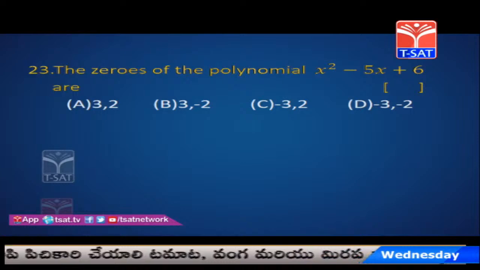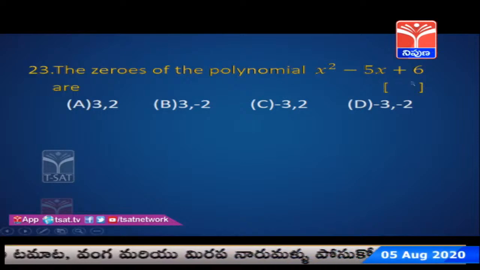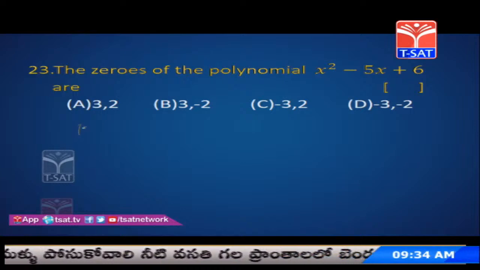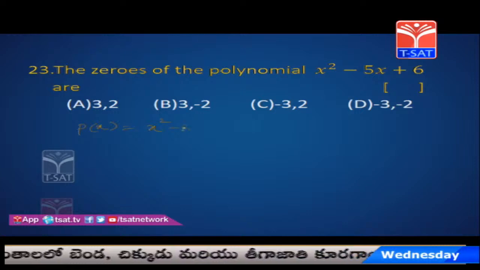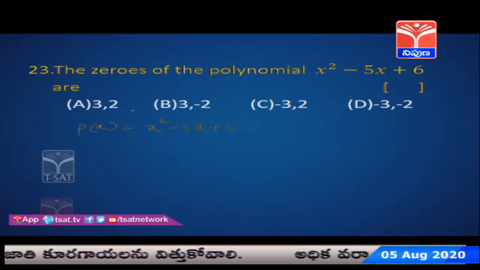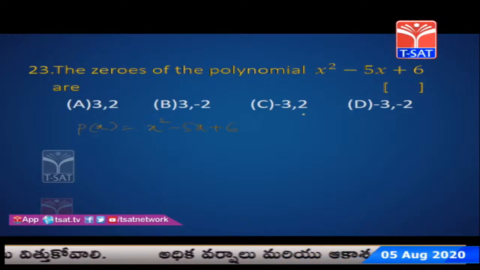Next, the zeros of the polynomial x square minus 5x plus 6 are. So P of x you take x square minus 5x plus 6. You can go from options to question or question to options.